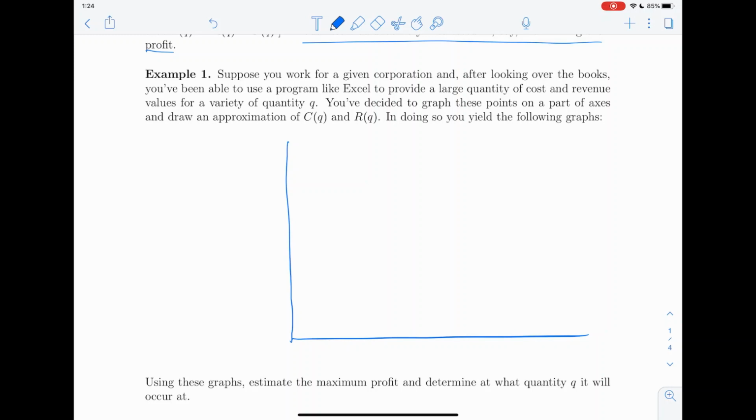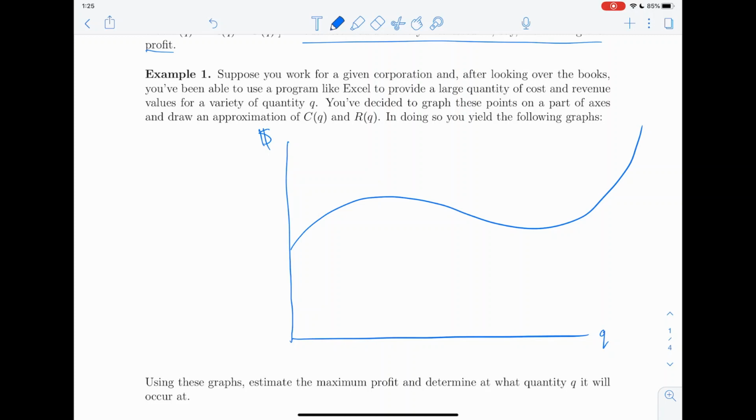For example, if we have our two axes, Q, the quantity axis, and dollars, the dependent axis, our cost function might be something like this. As our quantity increases from left to right, our costs might go up, and then come back down, and then go back up again. Let's redo that. They go up, down, and back up again.